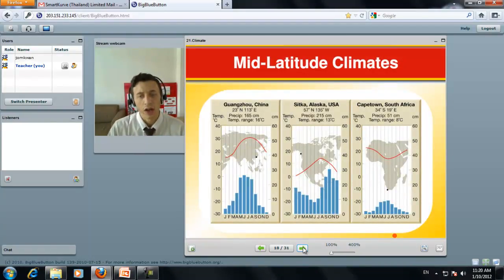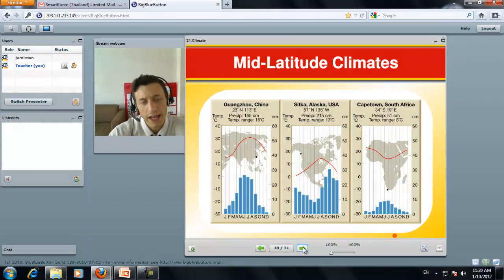On slide 18, we see 3 different types of climate. Now notice, in all 3 of these pictures, the red line at the top of the image is our temperature. And those blue bars down at the bottom are our precipitation, the amount of rain and snow.